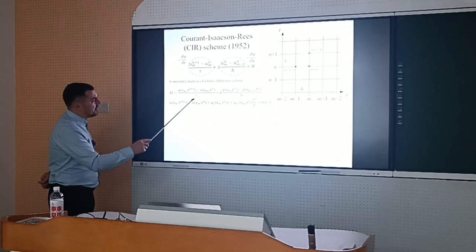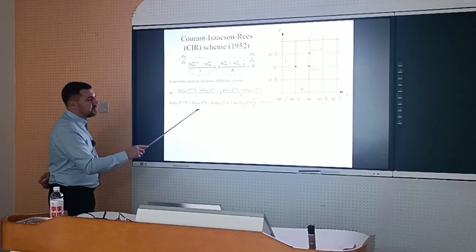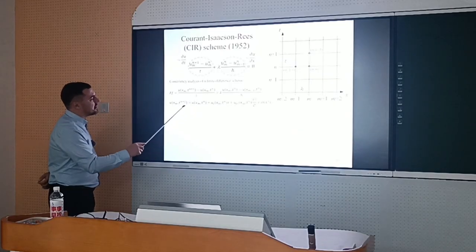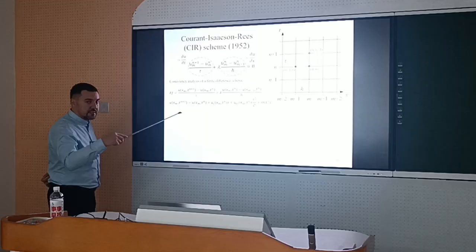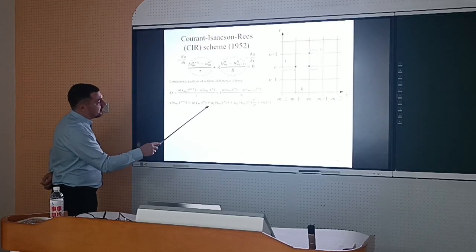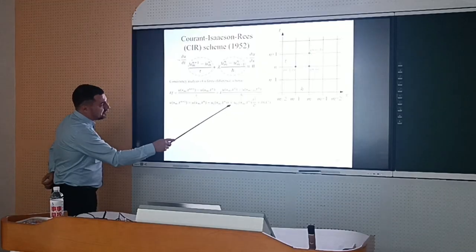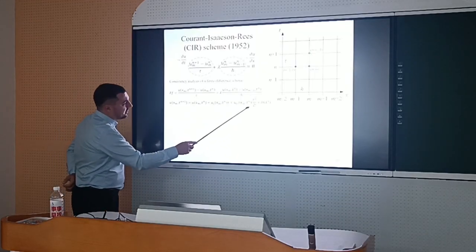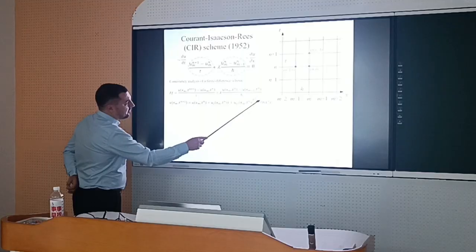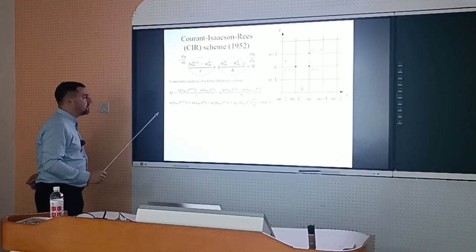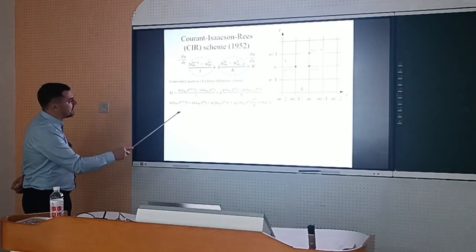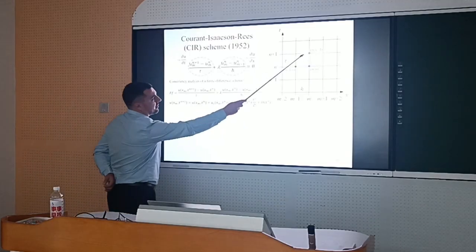For further consideration, we can just omit the arguments of our function. If we write just u, it means u at point x_m, t_n. u plus u_t tau plus the second derivative with respect to time, tau squared over 2 factorial, plus big O of tau cubed. So this is the Taylor series expansion for this point.